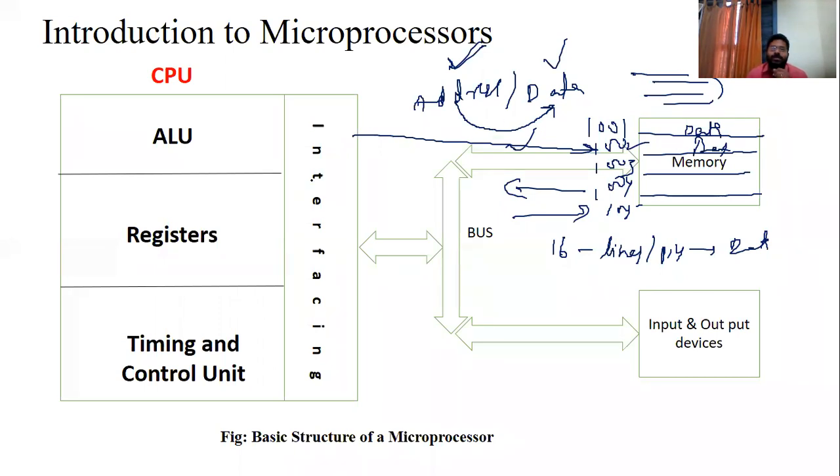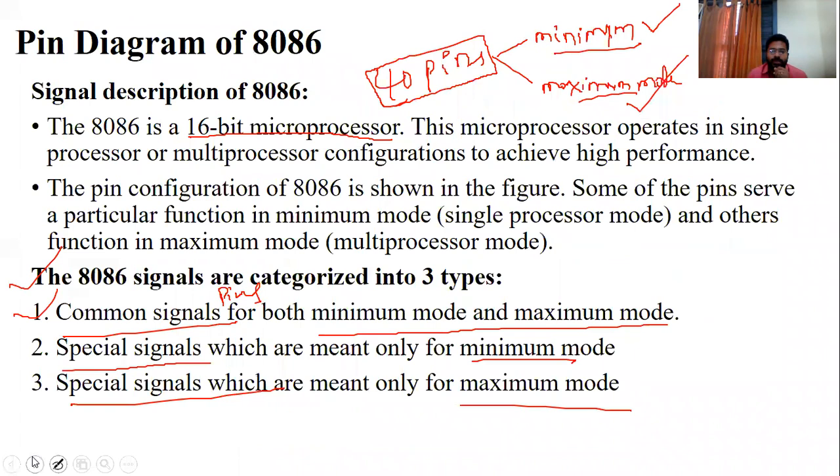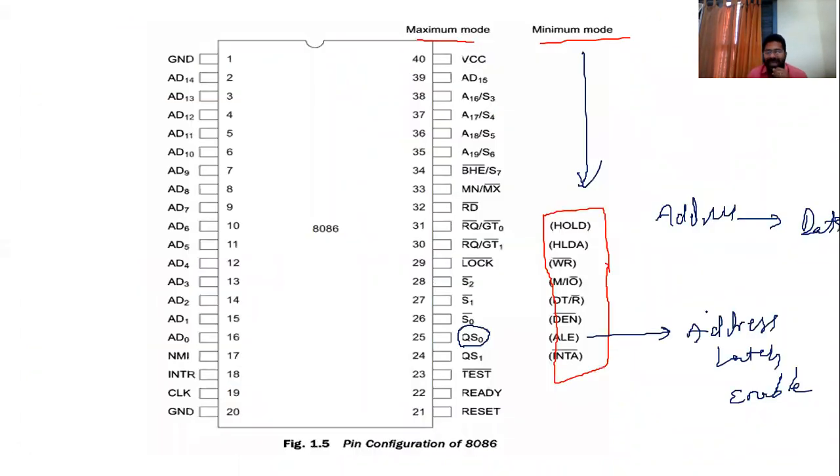How is it converted? By enabling the address latch enable in minimum mode, or in maximum mode it uses QS0. Now the address lines are converted into data.